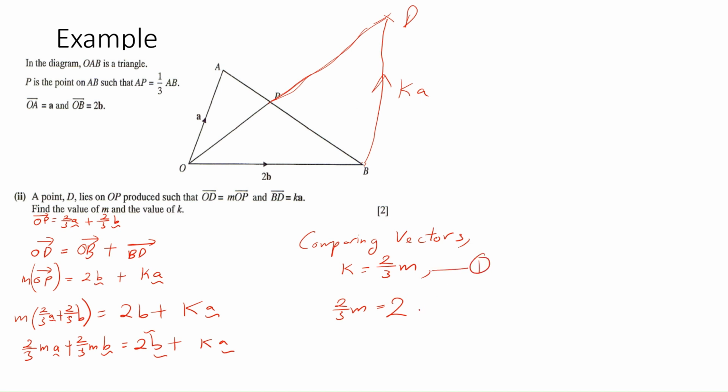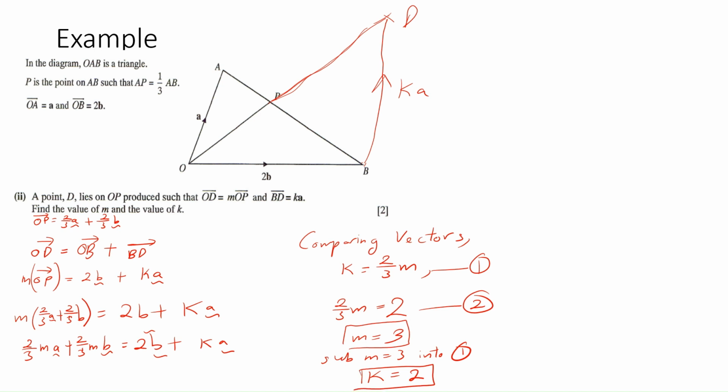Let's call these equation 1 and equation 2. From equation 2, M is 2 divided by 2/3, so M is 3. Sub M equal to 3 into 1, so K equals 2. So M is 3 and K is 2.